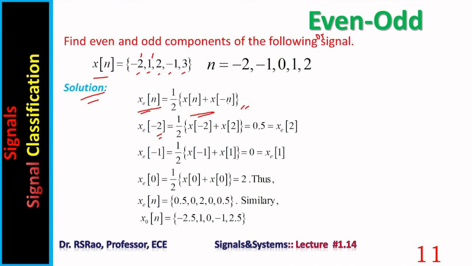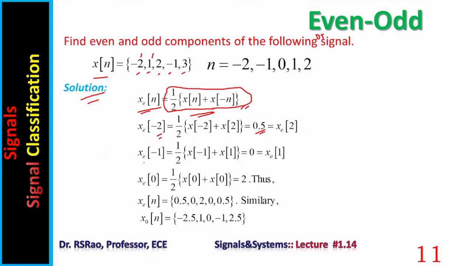When we substitute minus 2 here, it becomes x of plus 2, which is 3. So minus 2 plus 3, half, results in 0.5. From this expression, one can see xe of minus n is equal to xe of plus n. Therefore, xe of minus 2 is xe of plus 2.